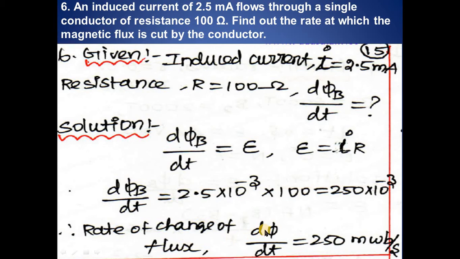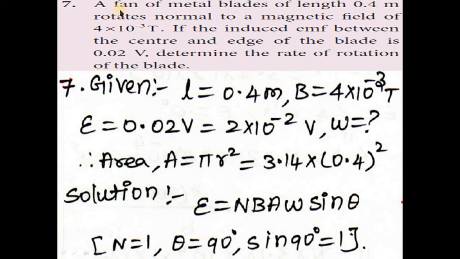Rate of change of flux d phi divided by dt is equal to 250 milliweber per second. The next problem is problem number 7.